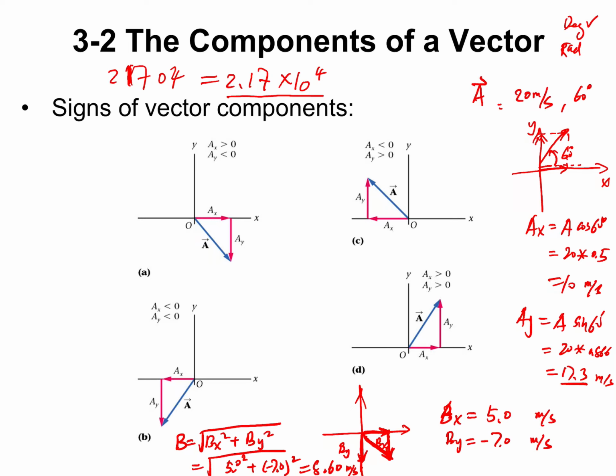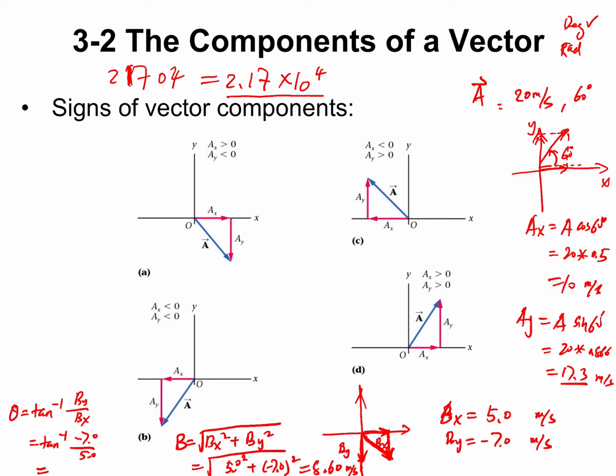And what's the direction? Direction equals the inverse tangent function of By over Bx, right? So inverse tangent of By, which is negative 7.0, over Bx, 5.0, right? So you look at 7 divided by 5, and then you look at your inverse function.